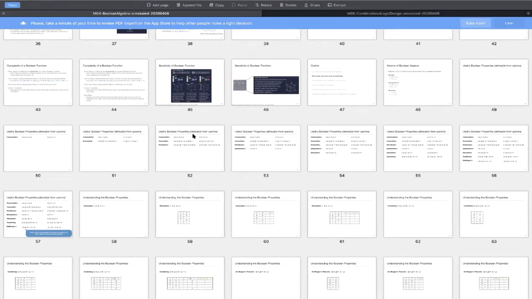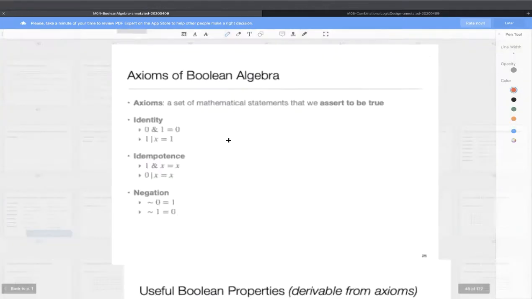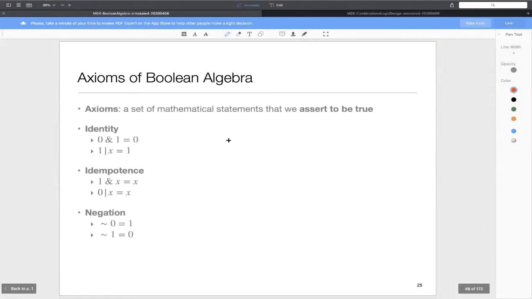So recall, if you might, we had talked about how, like our regular algebra, there are certain axioms that underlie Boolean algebra.